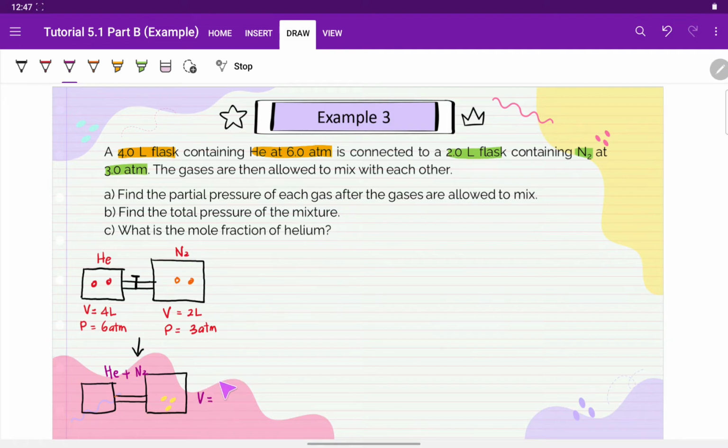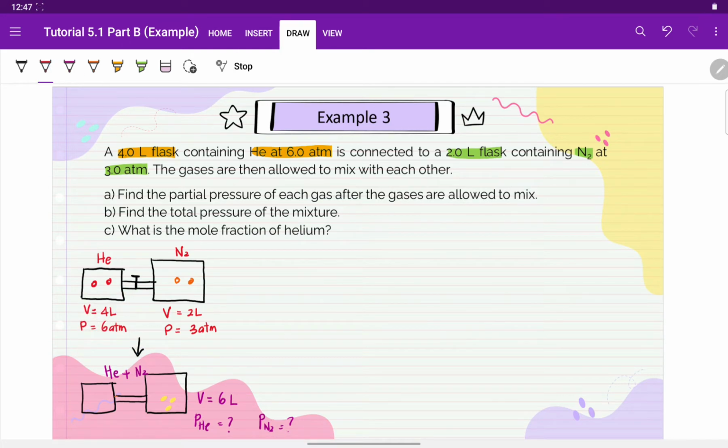Apa volume baru kita? 4 tambah 2. So kita ada 6 liter container over here, yang mana dalam container ada helium, ada nitrogen. So, partial pressure of helium akan berubah. Partial pressure of nitrogen pun akan berubah compared to the initial one.